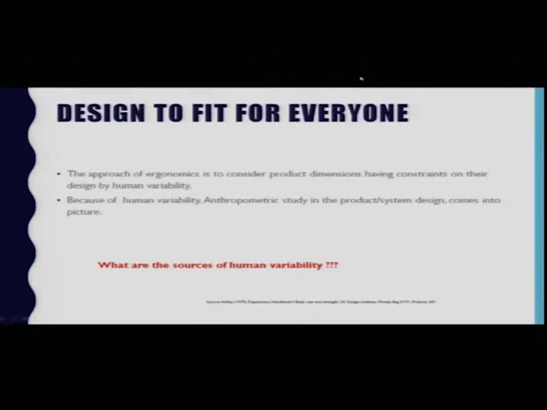So, we need to understand what this human variability is and what its sources are. Body size and proportion vary greatly between different populations, because a US citizen will be different from an Asian citizen in terms of height and all the other aspects.